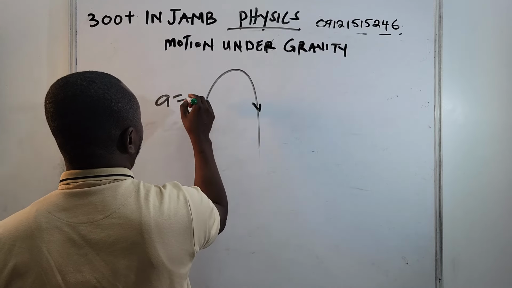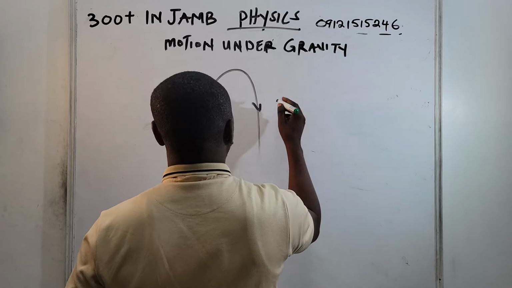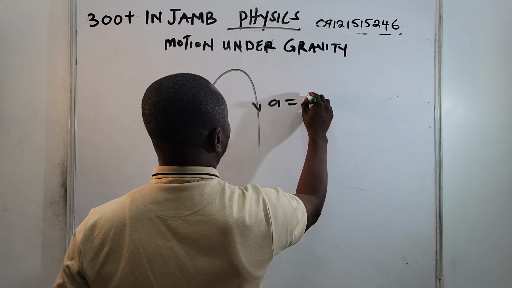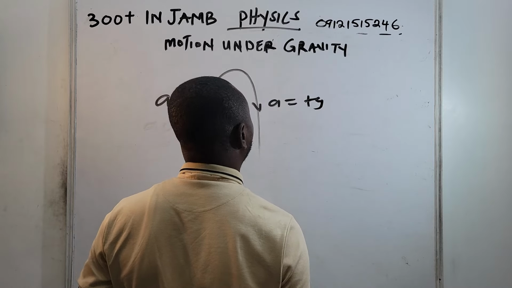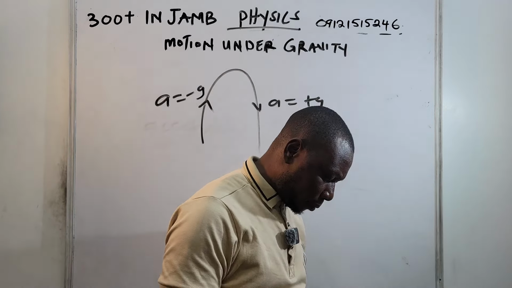The acceleration here is against gravity, that's why it's minus g. And here it is under the influence of gravity, and that's why it's plus g.